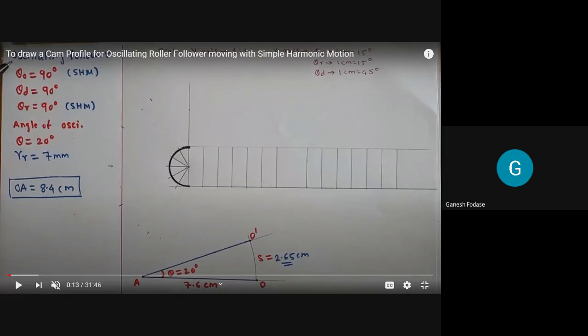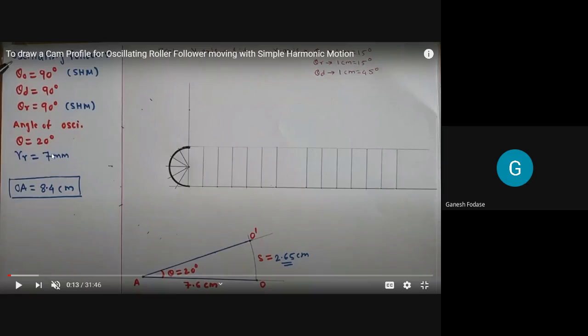Then during the return stroke, the angle is 90 degrees and the motion is SHM. So during both strokes, rise and fall, the motion is SHM. One more thing given here is the angle of oscillation, 20 degrees. That is the new thing, and why it is given we will discuss in subsequent slides.